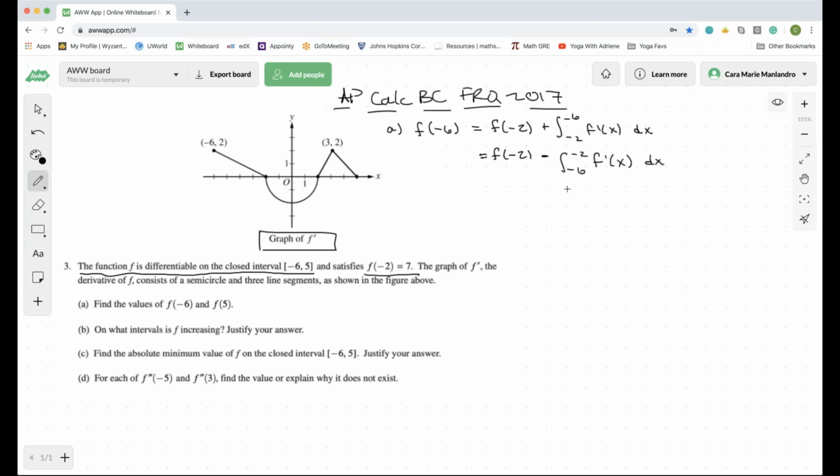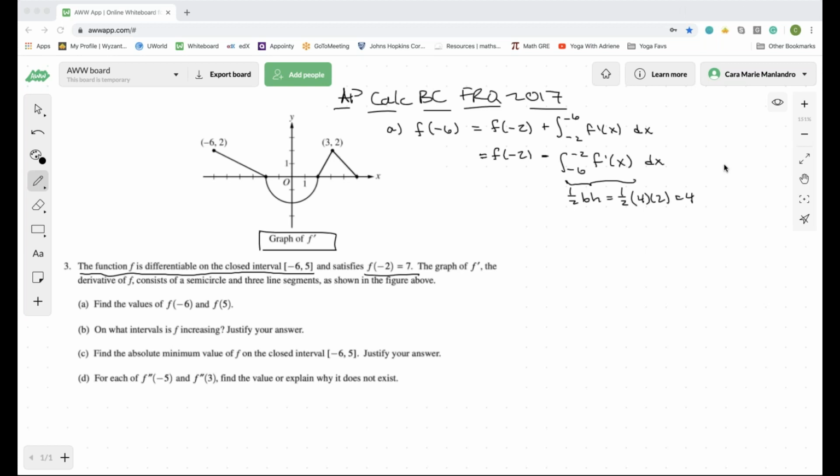Then we can compute this as the area of that triangle, which is 1/2 base times height. The base is 4 and the height is 2, so that is 4.